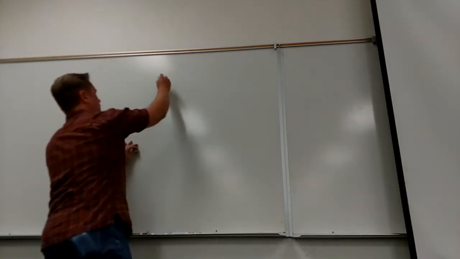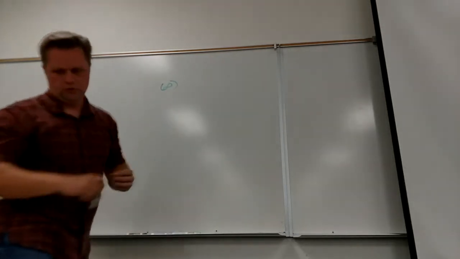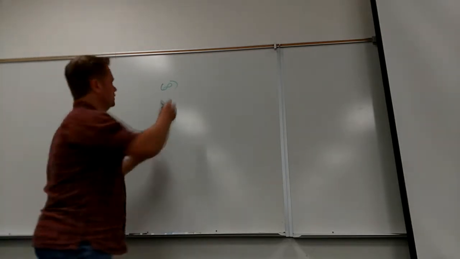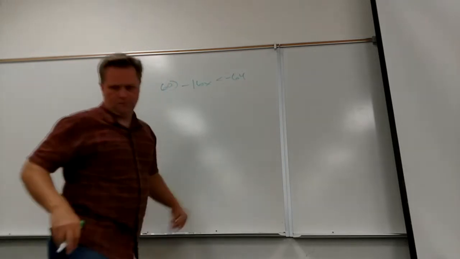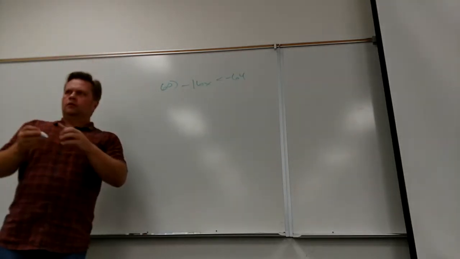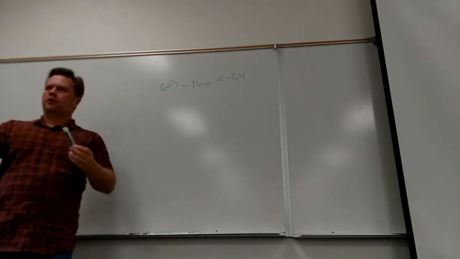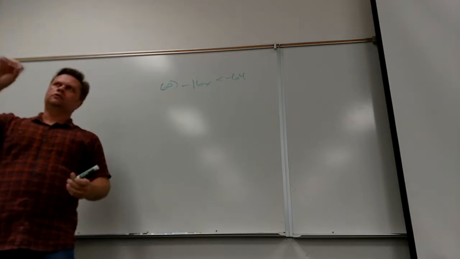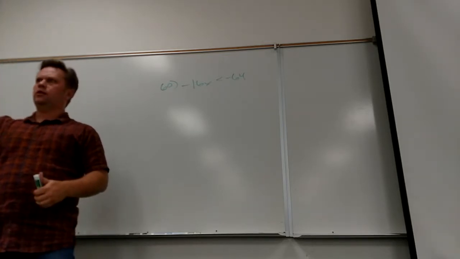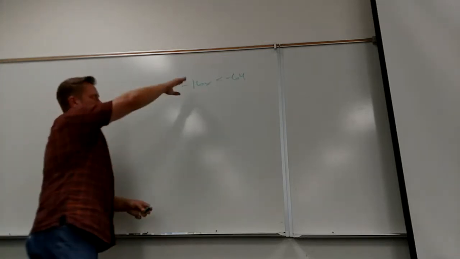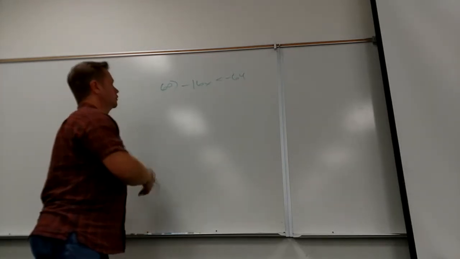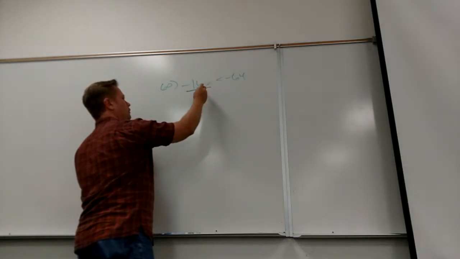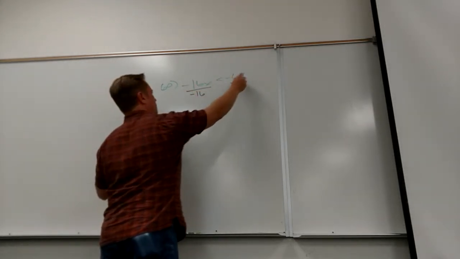So this is the one that's got a very focused issue. Negative 16x less than negative 64. One step, but it's really making a point out of the one difference between solving inequalities and equalities. How do we get the x by itself? Divide by negative 16.